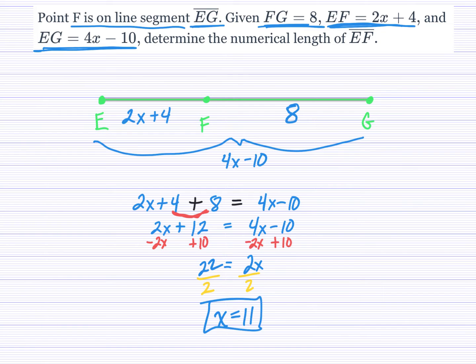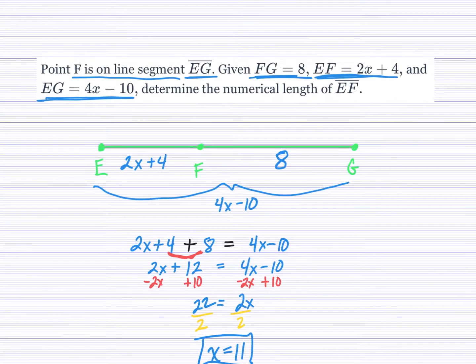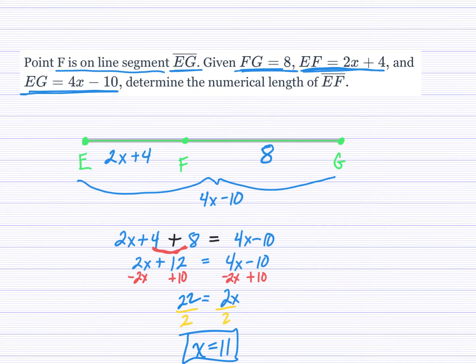It doesn't ask me for the x value here, though. It asks me for the length of EF. So if we look back, EF has a measure of 2x plus 4. But again, x is no longer x to us. x is now 11.